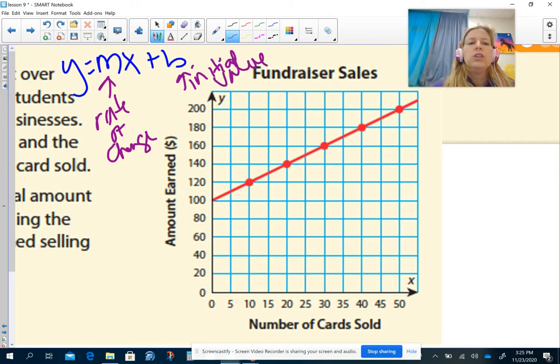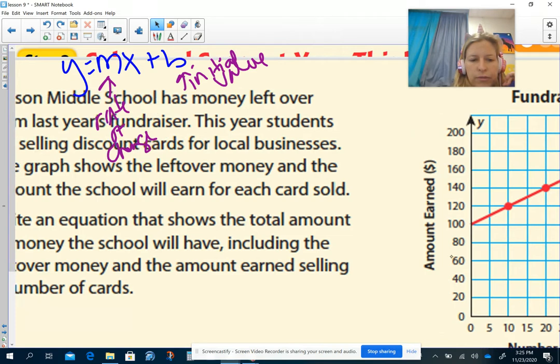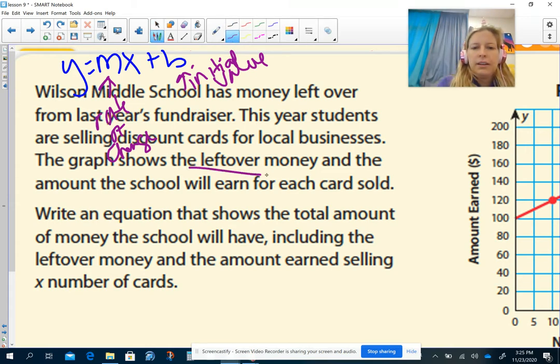Okay. So if we don't know anything about this graph, and if we just look at our word problem, can we figure out what number is going to be our initial value? Did you say leftover money? Our leftover money is going to be our initial value.